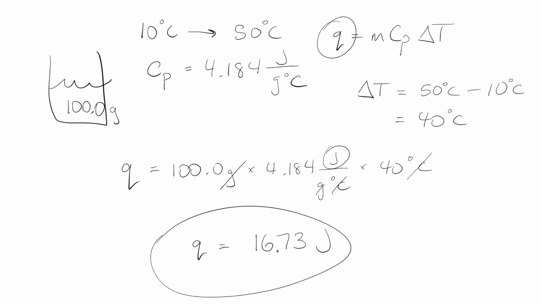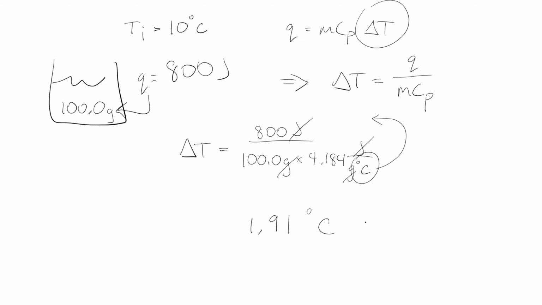I think that should be 16.73. Let me check my math. Yeah, I should check my math more often. Anyway, 800 joules into this will change the temperature by 1.91 degrees Celsius.